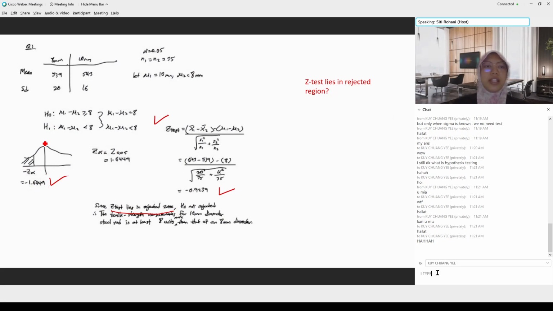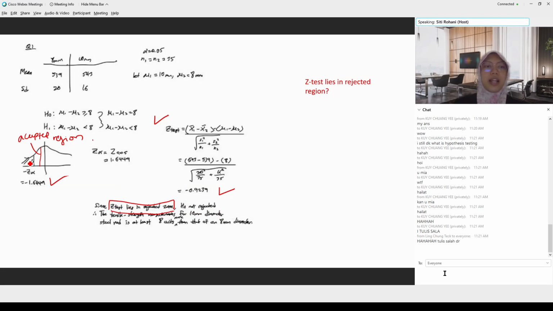And now your z-test is here, so this one is in the accepted region. So why does this one lie in the rejected region? And then you said H null not rejected.